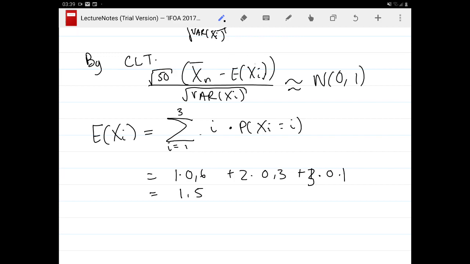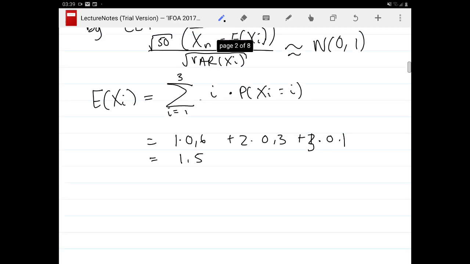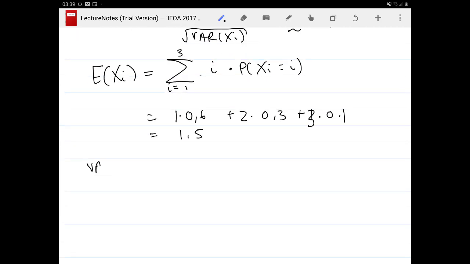So we have the expectation. Now we need the variance in order to get the standard deviation. The variance of Xi, using the formula we had, is the expectation of the squares minus the square of the expectation. In the same way that we would do a normal expectation to the first power, an expectation to the second power means we square all of these terms but use the same probability.